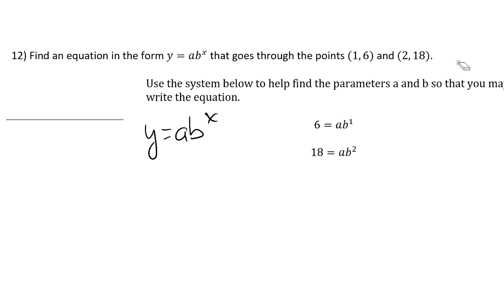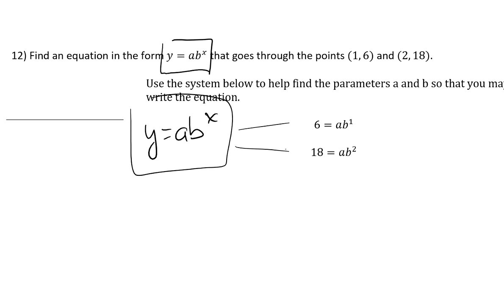So that's what I'm doing there, and I gave that to you this time. But if you're told that you're trying to find an equation of this form, y equals ab to the x, this is certainly one thing that you could do: plug in the x and y you have and come up with two equations.